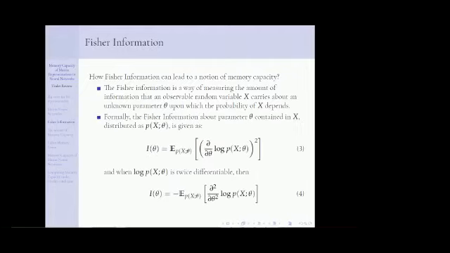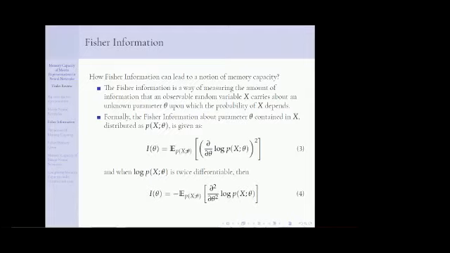And this is the reason equation 3 is used. Equation 3 is the variance of the derivative of the log of the probability distribution. We use the log because it's much simpler; it's much more analytical to study the logarithm of the probability distribution rather than the distribution itself. So in equation 3, we have a notion of information calculated by the variance of how the probability distribution is changing with theta.